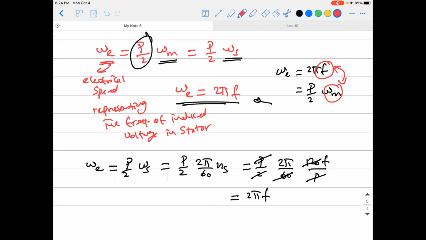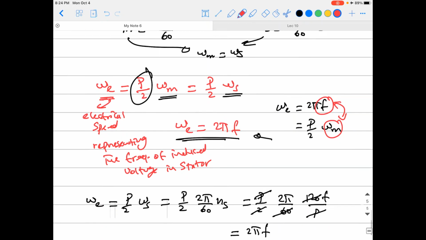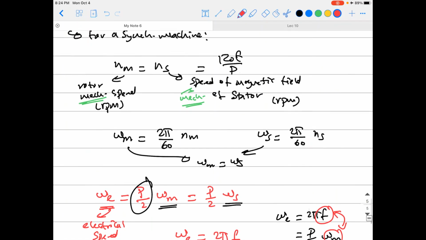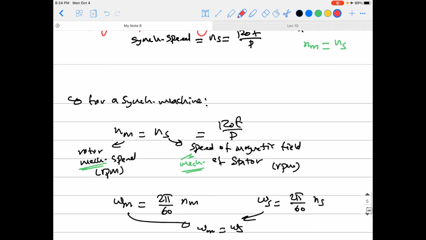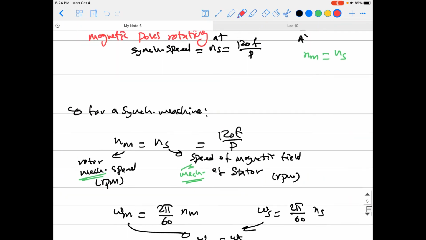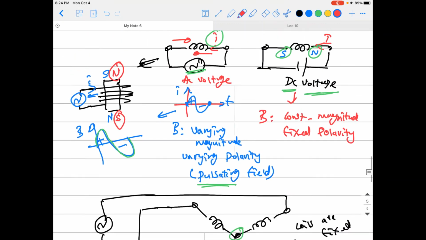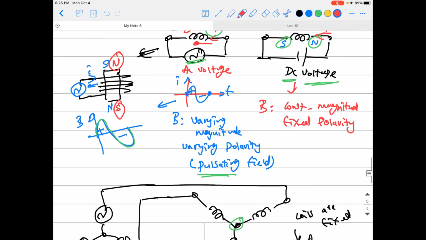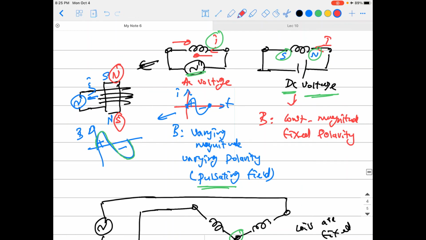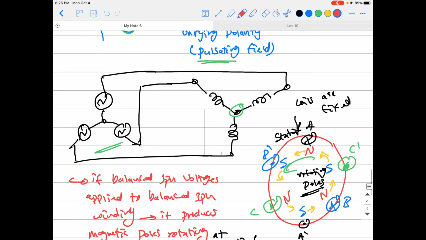I took a little bit of time here to make these things obvious in your mind. I know it's a little confusing, so take some time to revise this well and try to understand it, when I talked about the different forms of magnetic field coming from different excitation, whether DC voltage, single phase AC voltage, or three phase AC voltage.